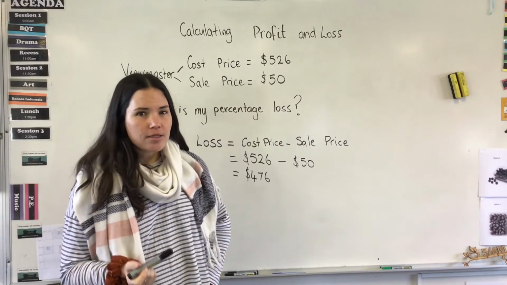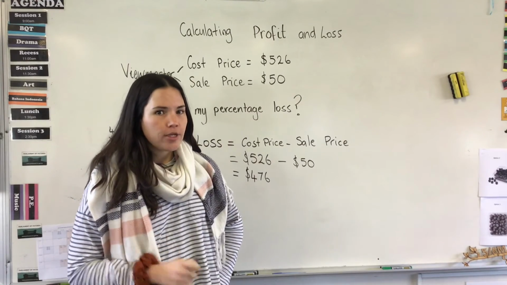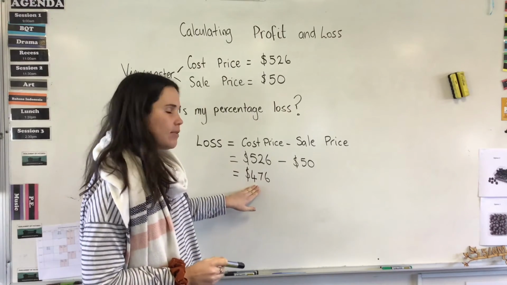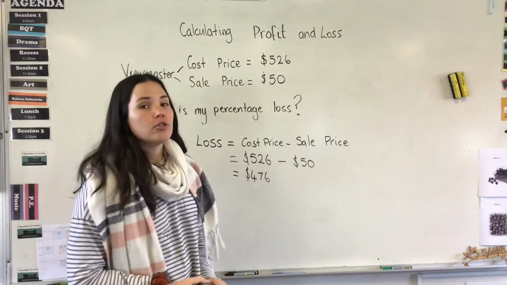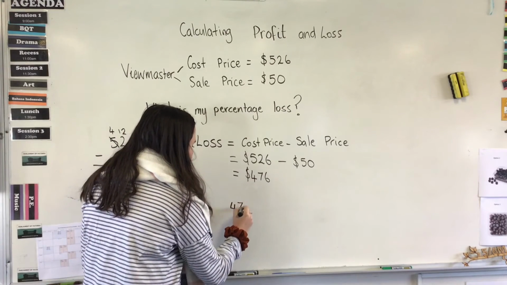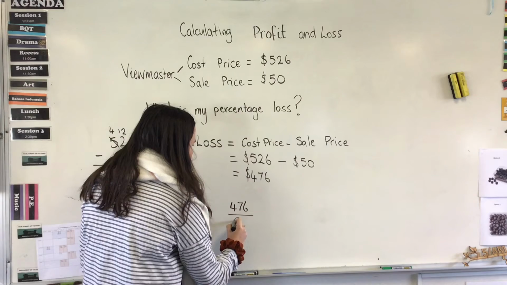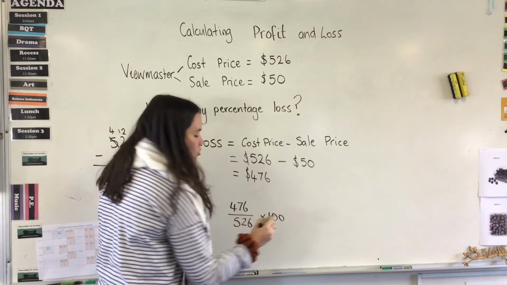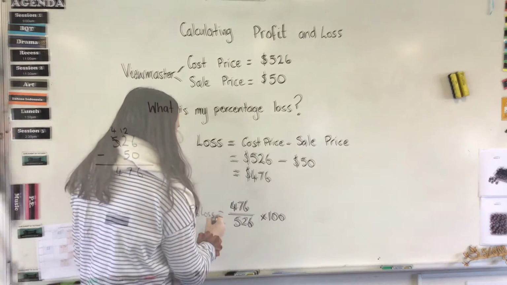Now to find that loss as a percentage, it gets a little bit tricky. But what we need to do is find out what fraction 476 is of 526. So I'm going to put 476 over 526 and then multiply by 100 to get a percentage.